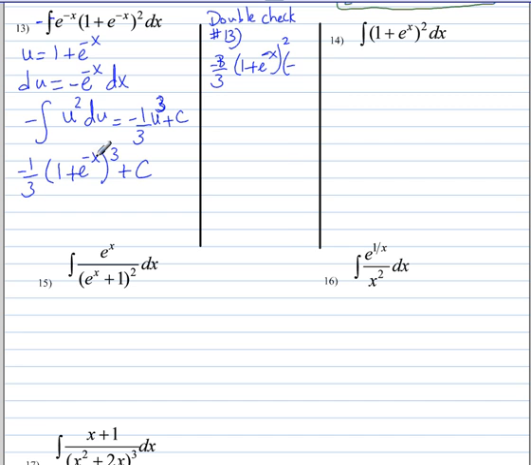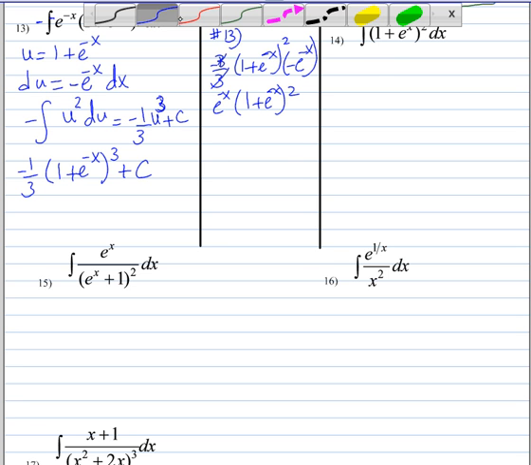The derivative of 1 is 0, derivative of e to the negative x is negative e to the negative x. These cancel, you get 1. Negative times negative is positive, so we get e to the negative x over 1 plus e to the negative x squared. And that is the equivalent of what we started out with.